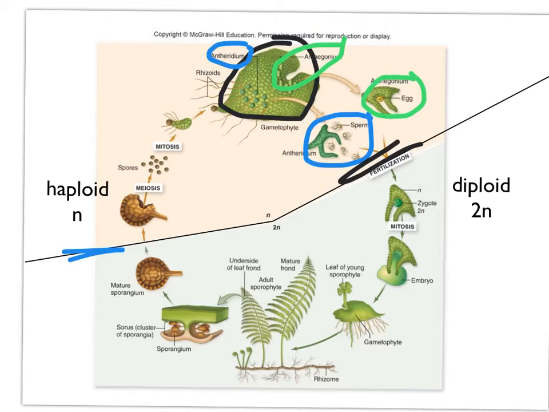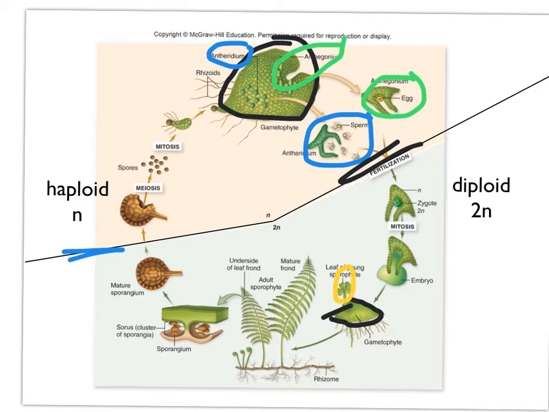So usually what you see at the base of a sporophyte-dominated life cycle is a gametophyte underneath. It's usually very small, and then coming from that is the sporophyte.